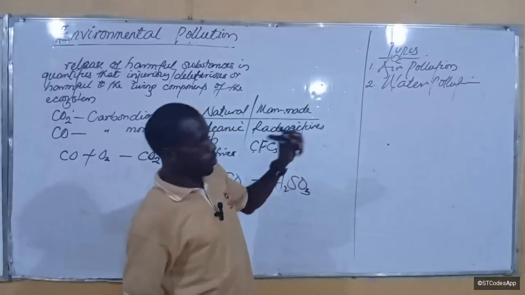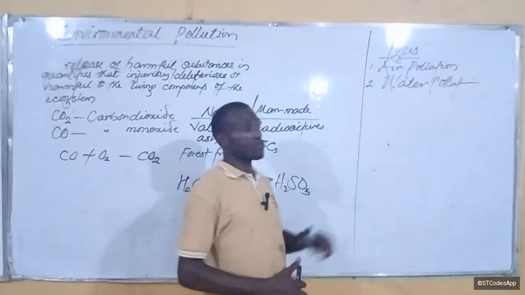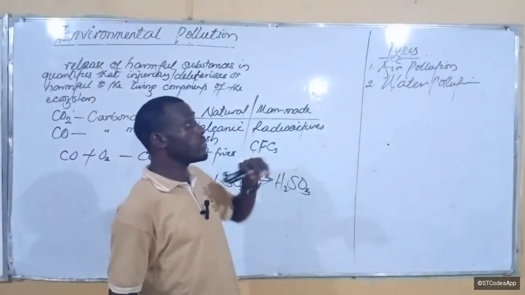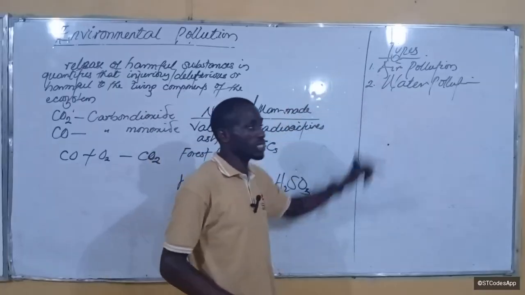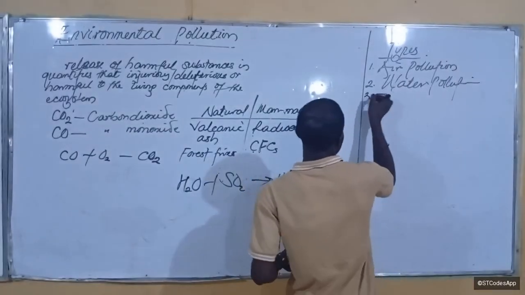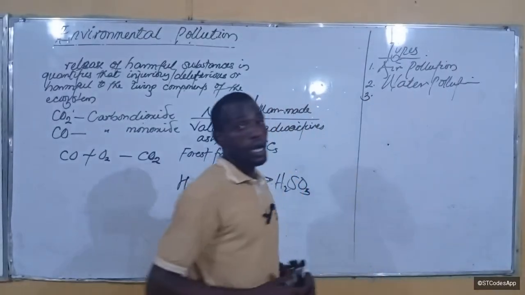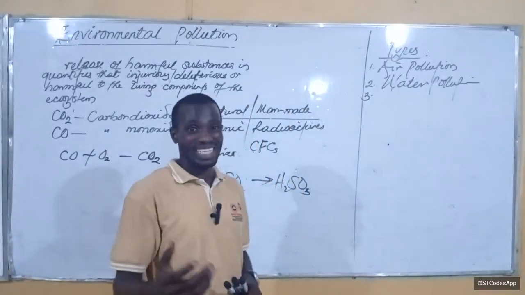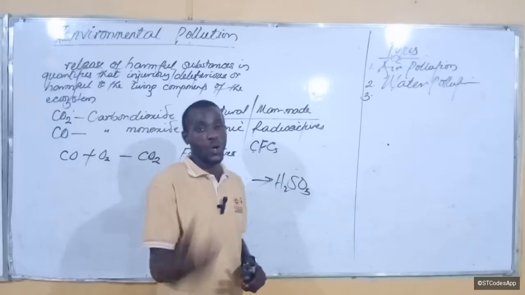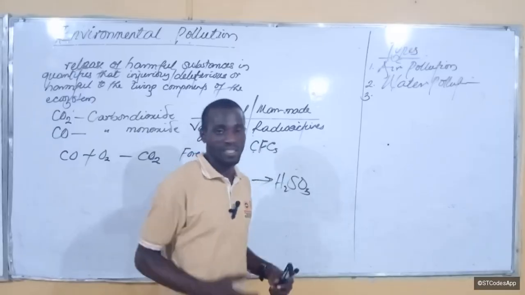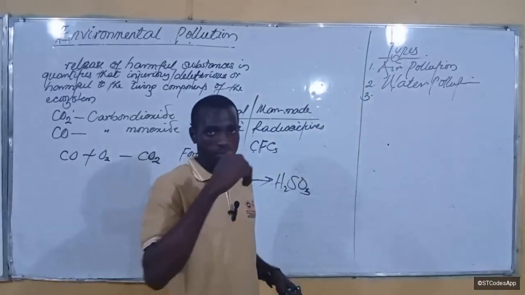Now, water pollution can also be natural and synthetic. All these types of pollution, air and water, can be natural and or man-made, or caused, okay? We call it an anthropogenic influence or anthropogenic causes. Those are causes due to human activity.